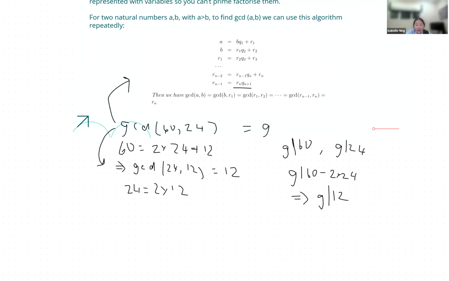So I have some exercises here for you guys to try the Euclidean algorithm on. Wait, let me just upload them. Okay.